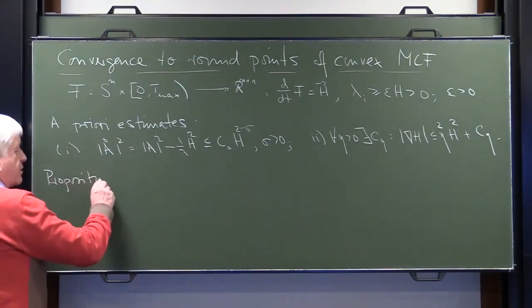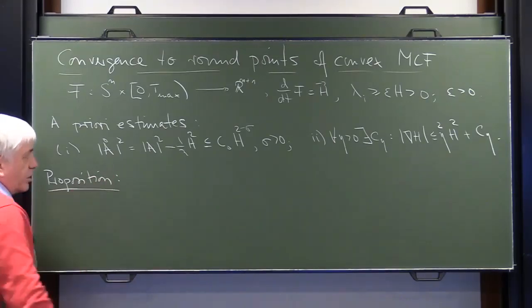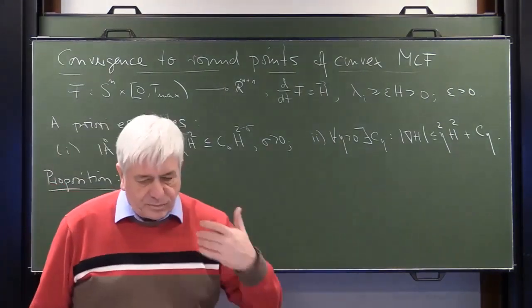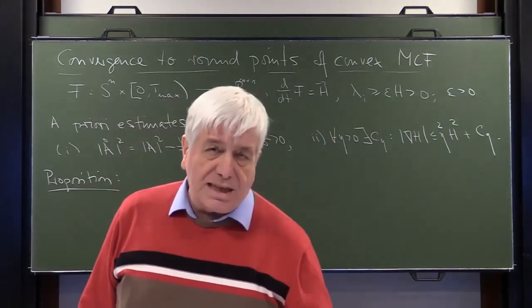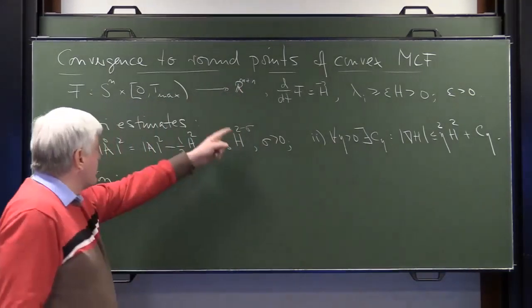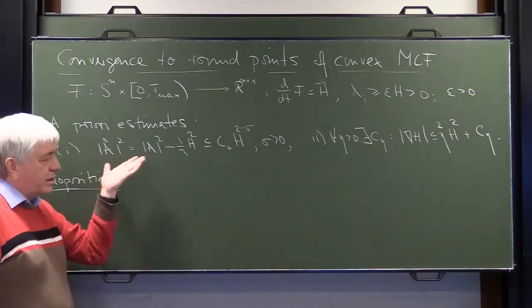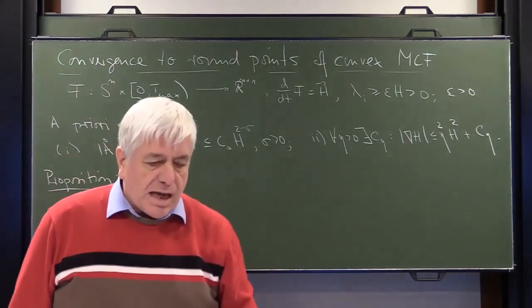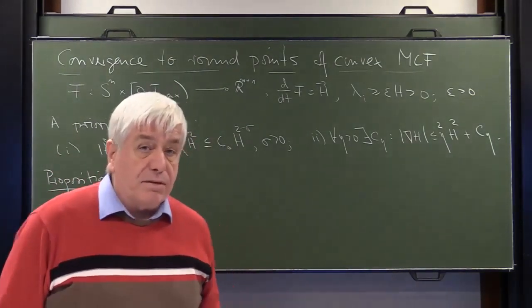So the next step is to show that not just if the mean curvature blows up somewhere, and therefore at some point the thing looks like a sphere at the curvature level, but if it blows up somewhere, it blows up everywhere.